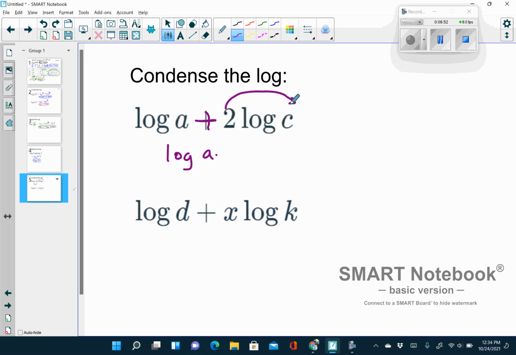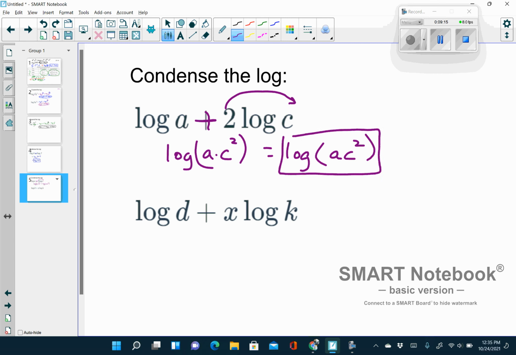So it's going to be times c to the 2nd power. Let's see if I can write that a little bit better. I can put parentheses around this. So I can rewrite it as log base 10, because there's no base, but I don't need to write that. Instead of the little dot, I could just leave it as a c squared. And this is my final answer.